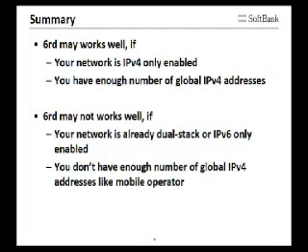It is another important point. Then if your network is already dual stack or IPv6 already enabled, you don't need 6LD, of course. And also, if you don't have enough global IPv4 addresses, like a mobile operator, 6LD works well. So it is also our another headache, but it is out of the topic today. So anyway, we chose 6LD for our ADSL access network. Okay, thanks.